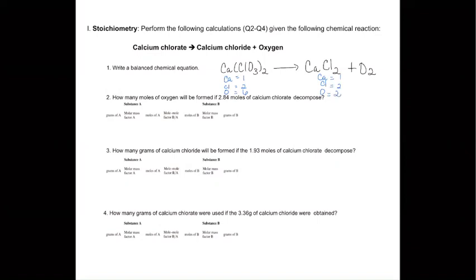So our calcium and our chlorine are balanced. Since the oxygen is just the difference between the two, we only have to put a coefficient in front of the O2. What is that coefficient? Excellent. A coefficient of 3. We didn't write a coefficient before the calcium chlorate and the calcium chloride, but they have a coefficient of 1.